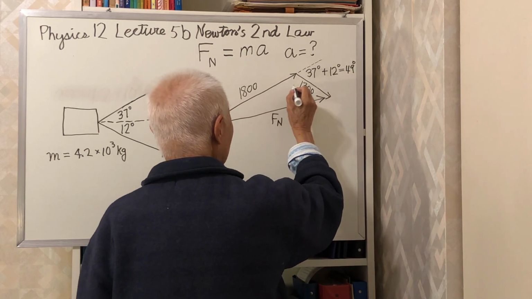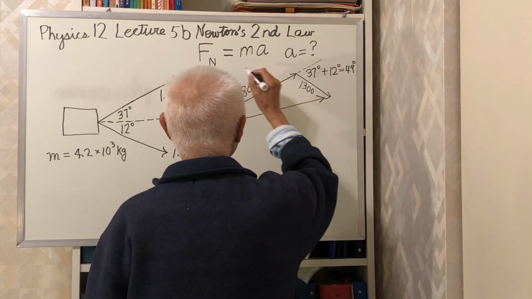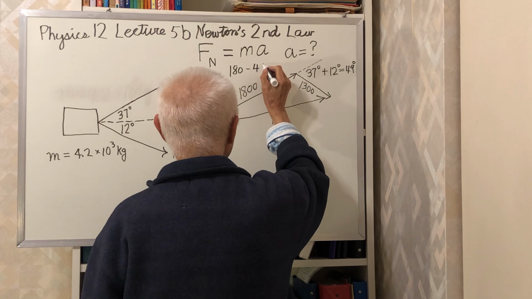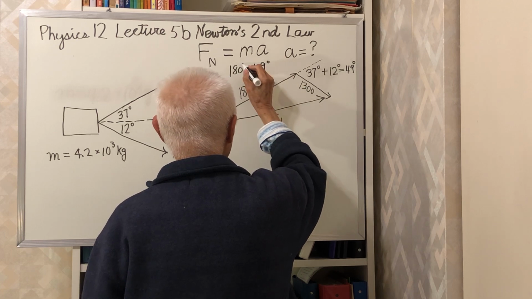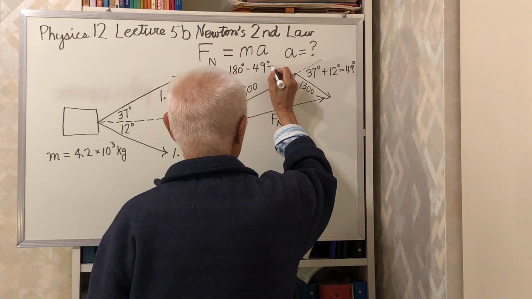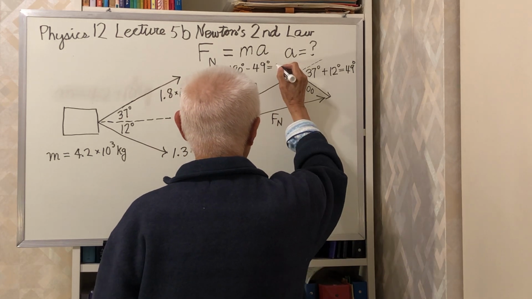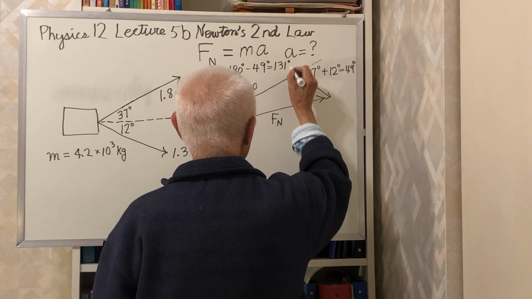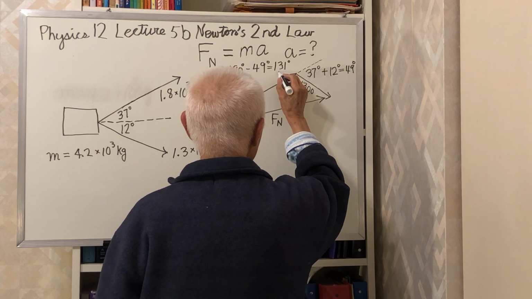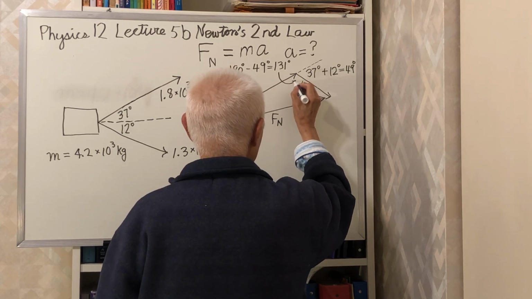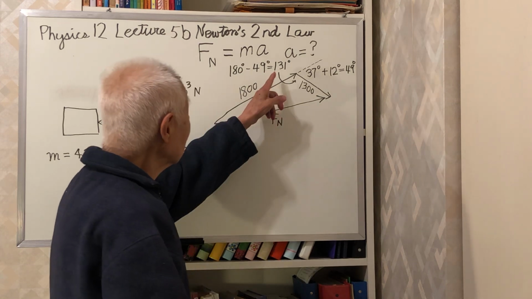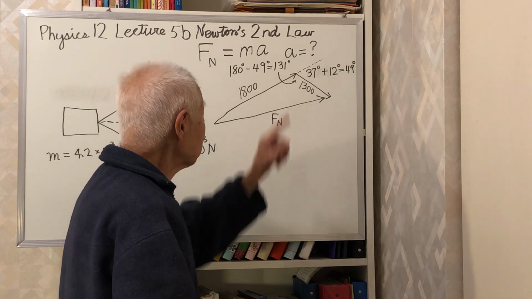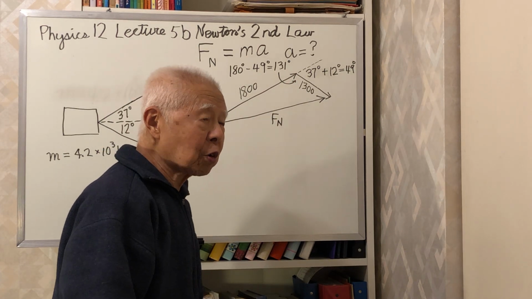So this is 180 minus 49, which is equal to 131 degrees. So 131 degrees is this angle. Now we can use cosine law.